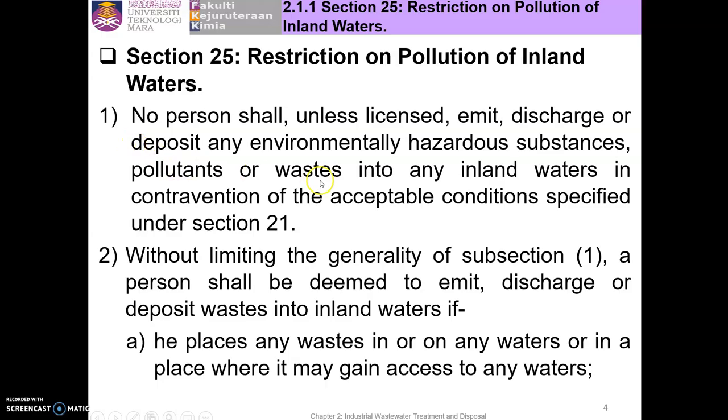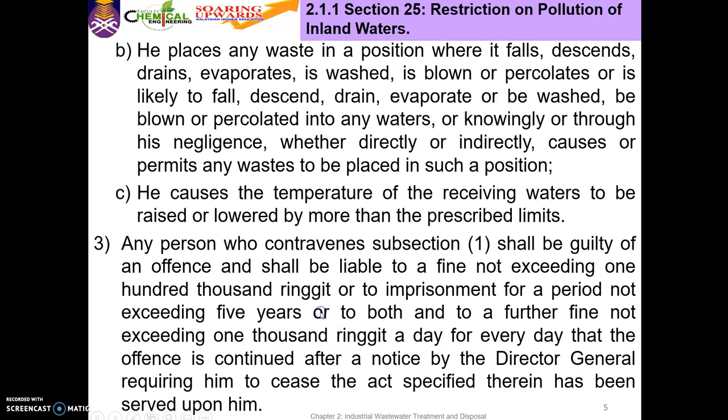Okay, so cannot emit any pollutants. So without limiting the generality of subsection 1, a person shall be deemed to emit, discharge or deposit waste into inland water if he places any waste in or on any waters or in a place where it may gain access to any waters.